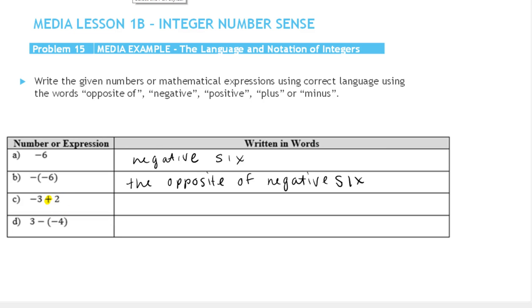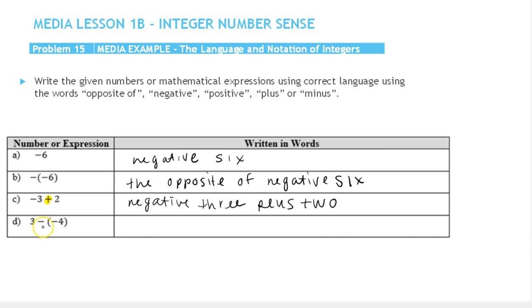So this reads negative 3 plus 2, not negative 3, positive 2, because this is representing addition. Now the last one, here this is referring to the sign of the 4. This is a negative 4.